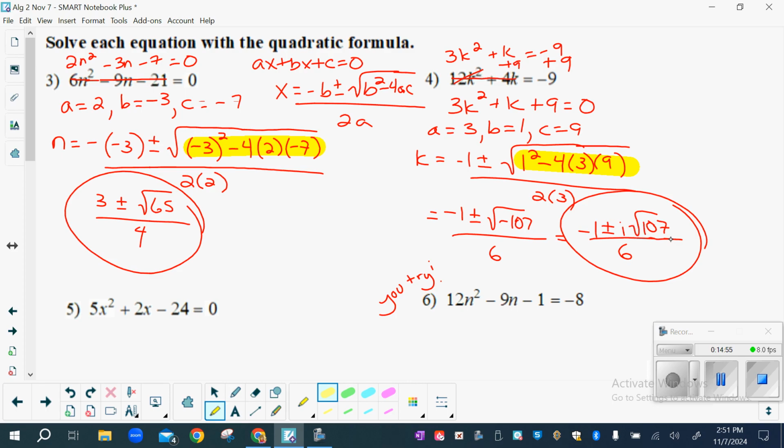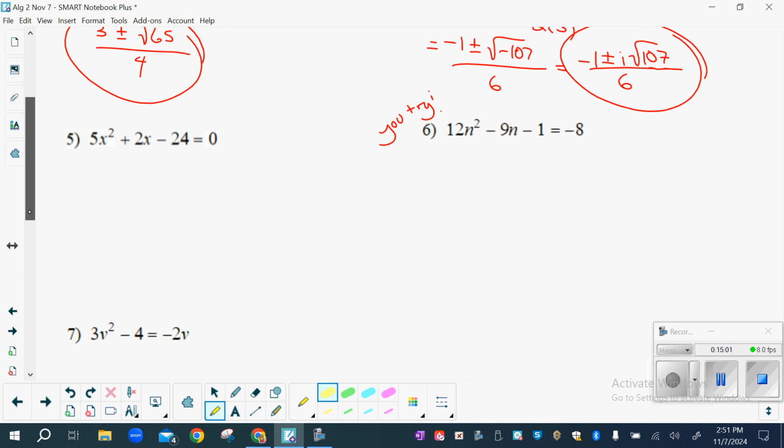Okay, moving on to number 5. What are A, B, and C? So putting it into the quadratic formula, we get -2 plus or minus the square root of 2 squared minus 4.